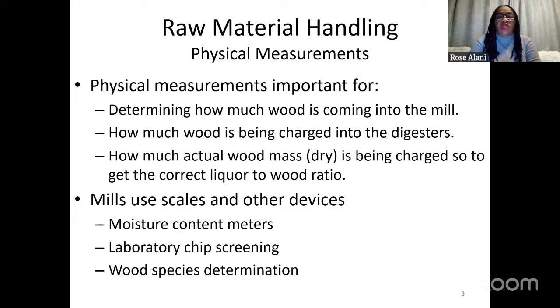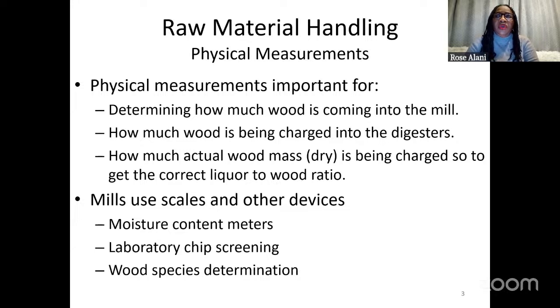So you determine how much wood generally is coming into the mill. That's the first thing you have to do. You also have to determine how much wood is being charged into the digesters, how much is going in for the pulping. You also have to know how much actual wood mass is being charged in.